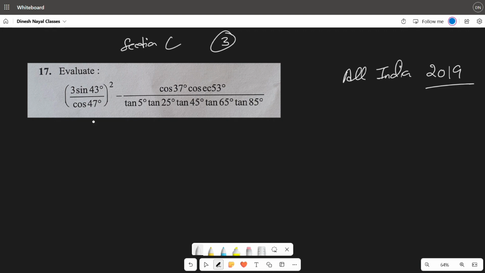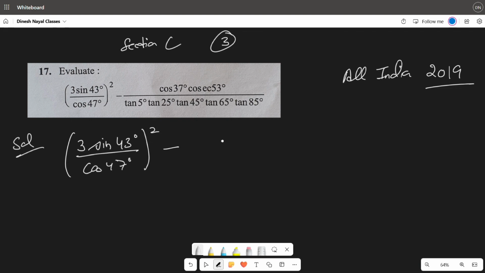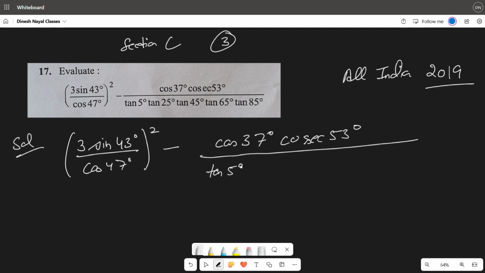You can see 3 sine 43 degree upon cos 47 degree whole square minus cos 37 degree cosec 53 degree whole upon tan 5 degree, tan 25 degree, tan 45 degree, tan 65 degree and tan 85 degree. Actually tan 45 degree is 1.